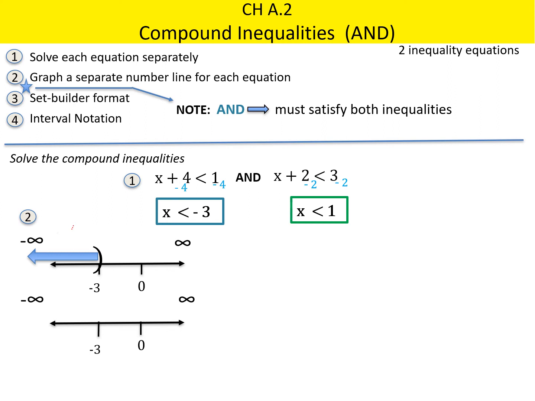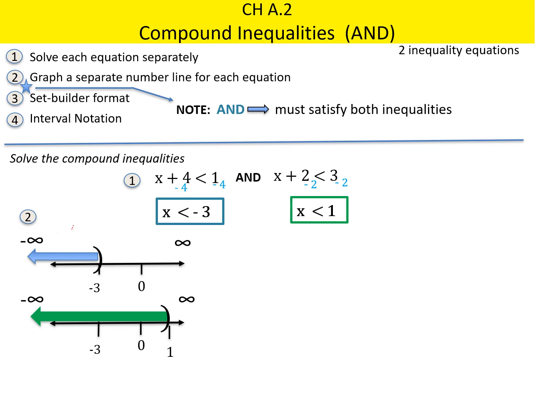We have to show the 1 on the number line. I'll label that. And now show all the values of x less than 1. There we go. Again, the question, is 1 part of the solution? Well, it's not equal, so therefore it isn't, so we have to put the parentheses.